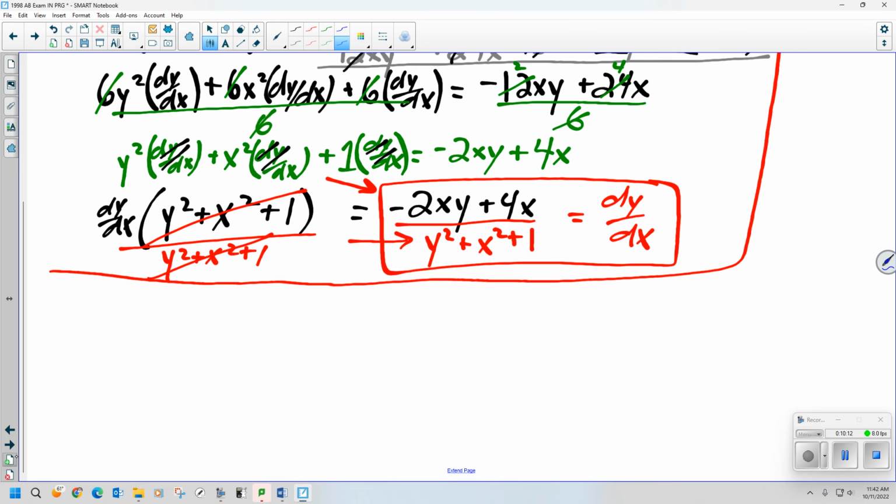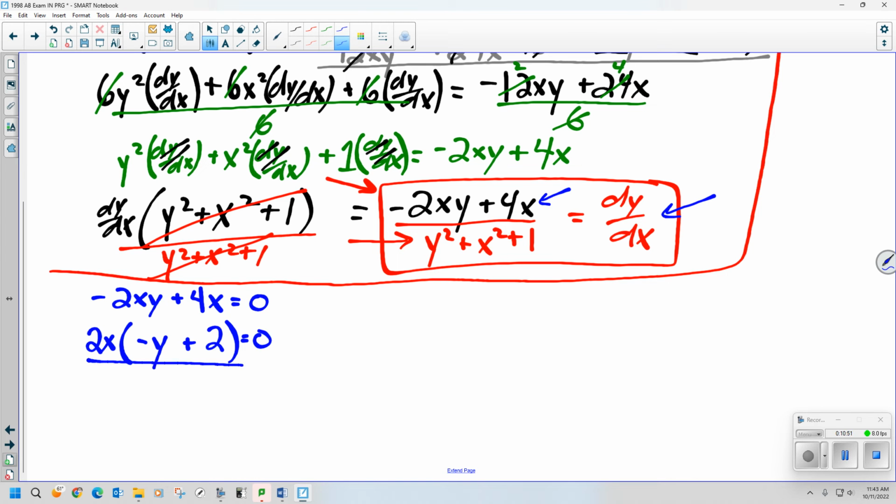In order for my derivative to be 0, the numerator has to be 0. So I will say negative 2xy plus 4x equals 0. Well, let's factor and solve a little bit, shall we? I can take out a 2 and an x, and that would leave me with negative y plus 2 equals 0.